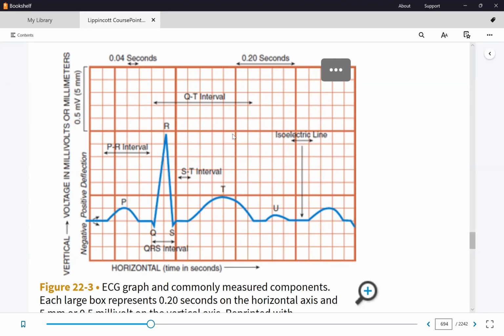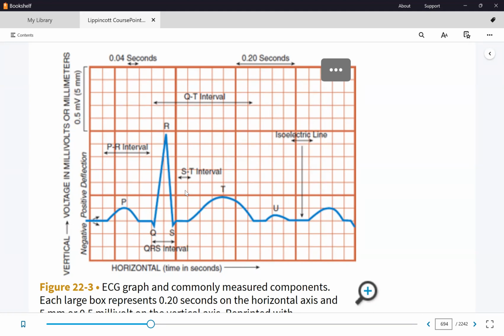And since a big box is 0.2 seconds, how many big boxes will there be in 1 minute? 60 divided by 0.2 equals 300. Okay, so hold this thought for now. There are 1,500 small boxes in 1 minute, and there are 300 big boxes in 1 minute.